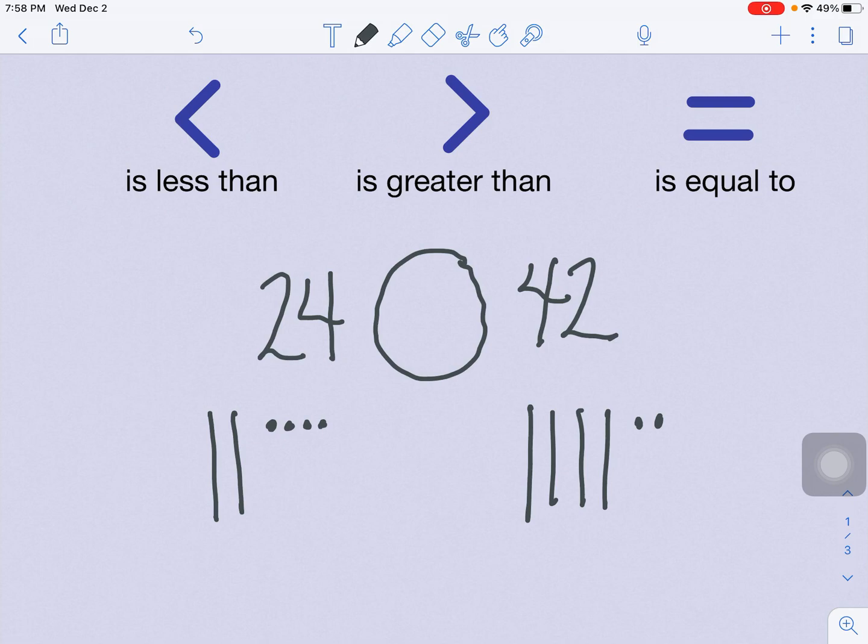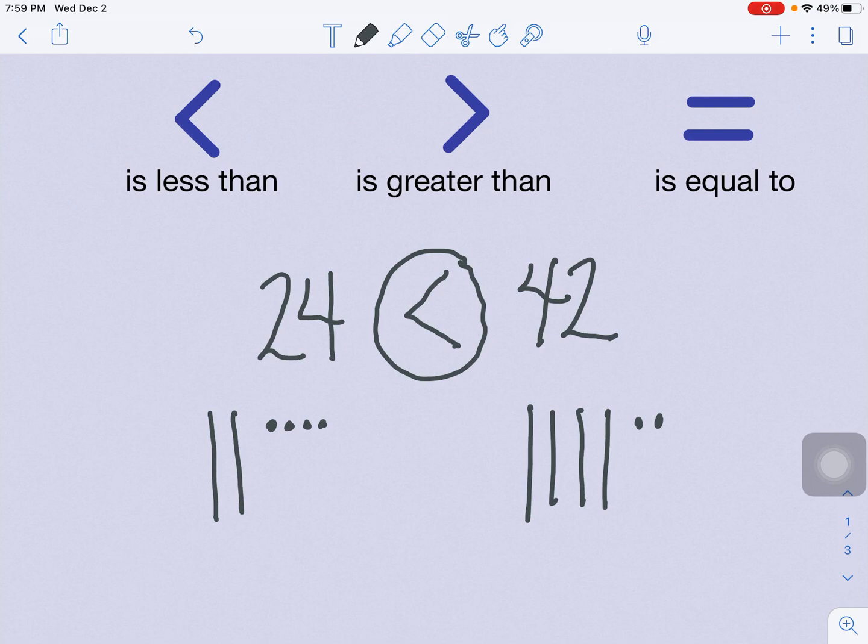So even though the digits are the same, they both have a 2 and a 4 in them, or a 4 and a 2, when we actually look at it, it depends on what's in the tens place. And 4 tens is greater than 2 tens. So when we look at this, that means that 24 is going to be less than 42.